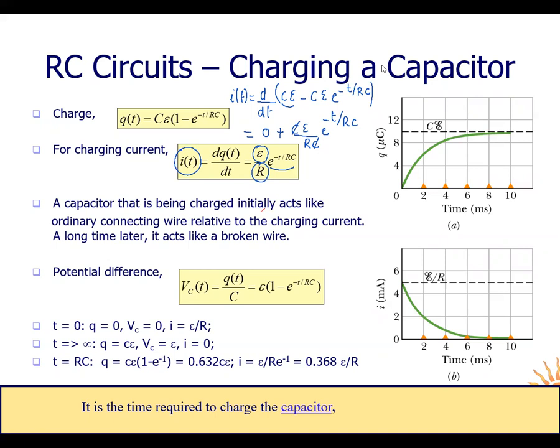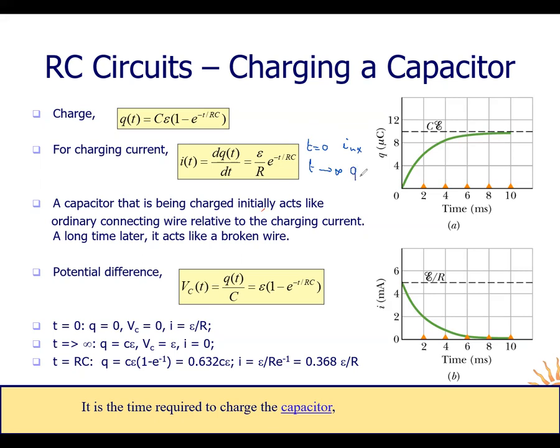Okay, we can plot here I in terms of time. You know, at initial time, the current must be maximum. Okay, we have I maximum. At time equals infinity, the capacitor will get a maximum value of Q and I equals 0 in the circuit. Okay, it's very important.